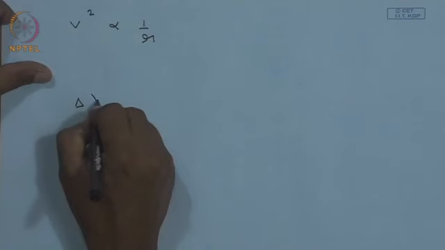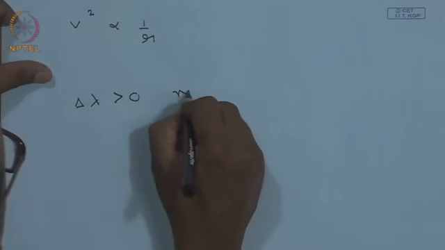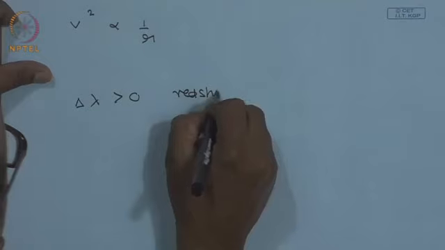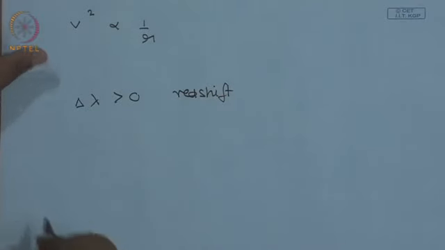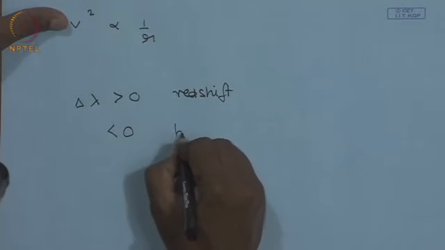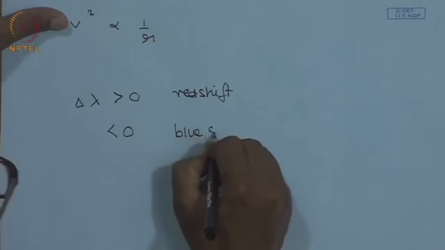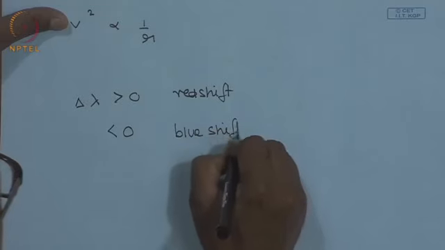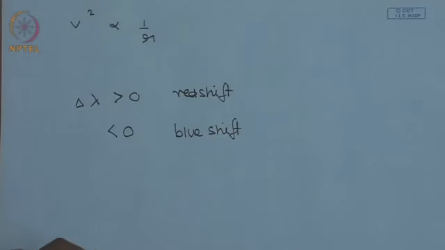So, delta lambda greater than 0 is called a redshift. This happens if the source is moving away from the observer. If delta lambda is less than 0, you have a blue shift. This happens when the source is moving towards the observer.